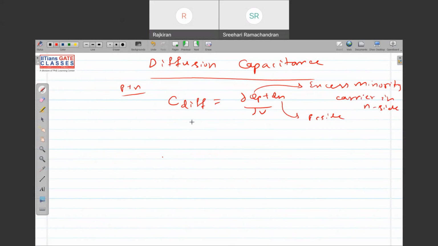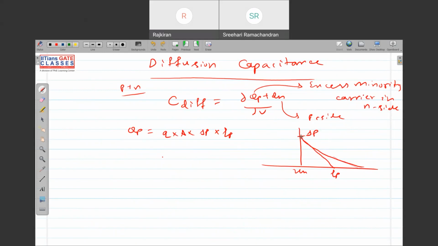What is Qp? Considering the approximation, the diffusion length is LP, and this is my del P. Qp will be approximately equal to charge into area into distance: Q A del P into LP.